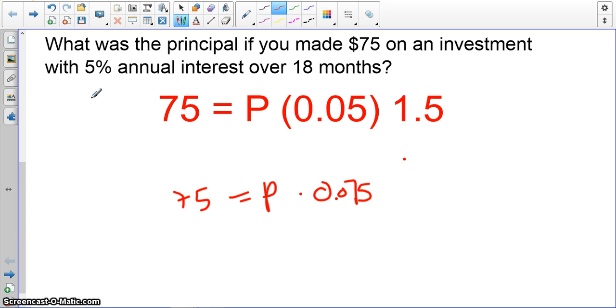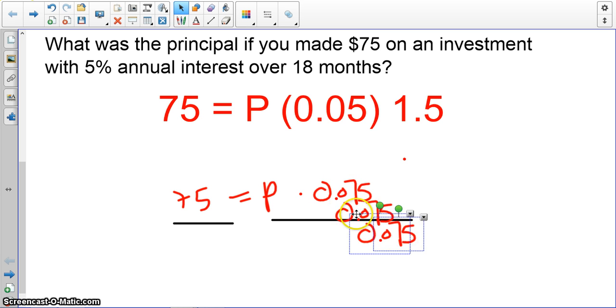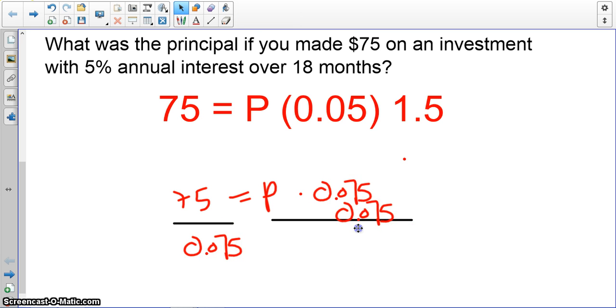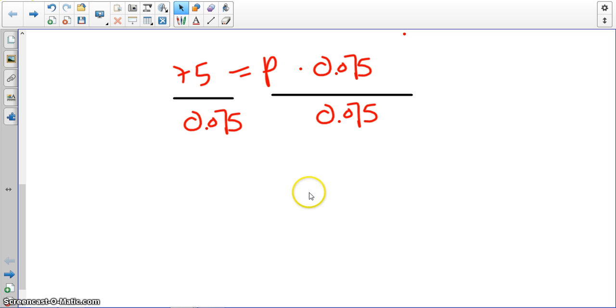And we have to divide both sides by the 0.075. All right. And what happens? Well, on the right they cancel. So it's just P.